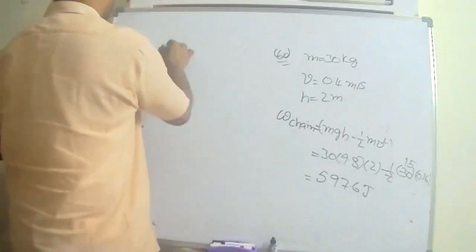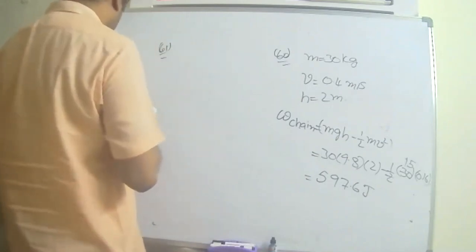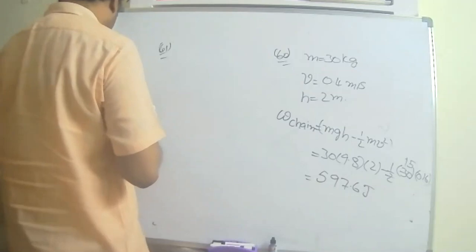Next. An object of mass 5 kg falls from rest through a vertical distance of 20 meters and reaches a velocity of 10 meters per second.